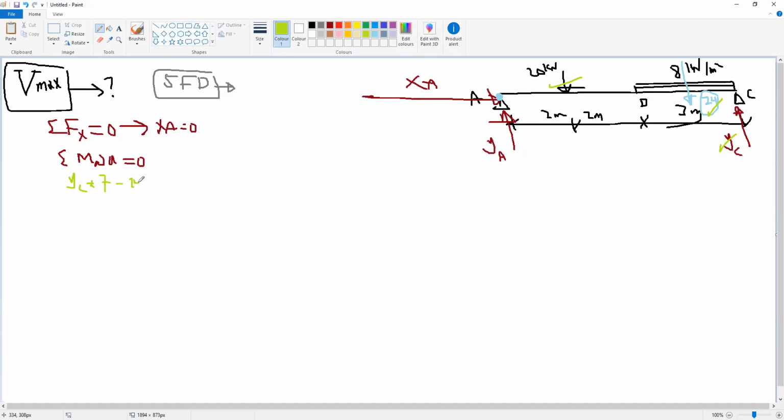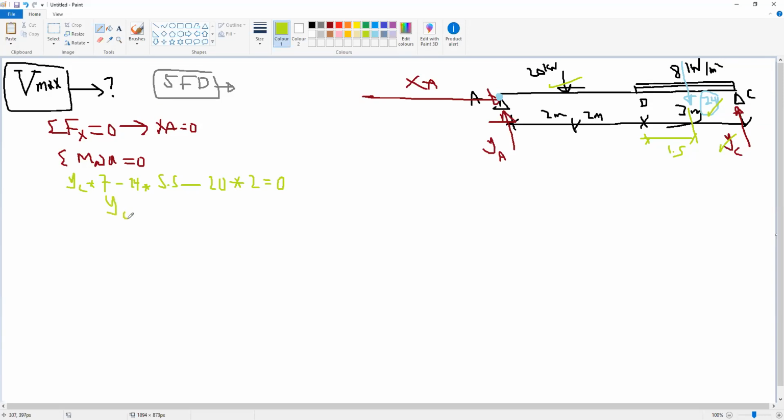What is the distance of 24? 24 is at the middle of this distance, so 1.5. So from A to 24 will be 5.5 meter, minus 20 multiplied by 2. All of this should be 0.